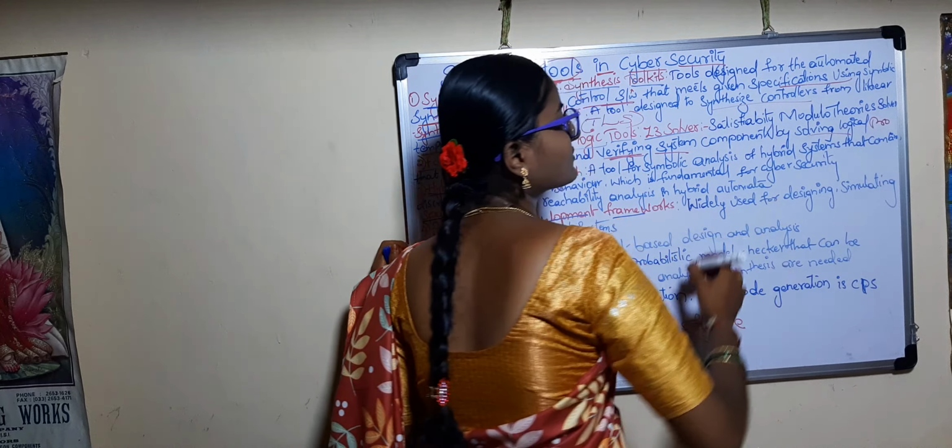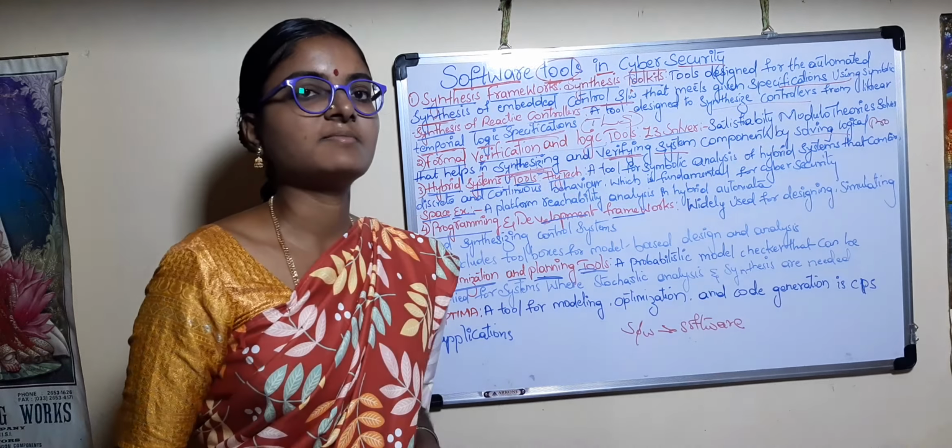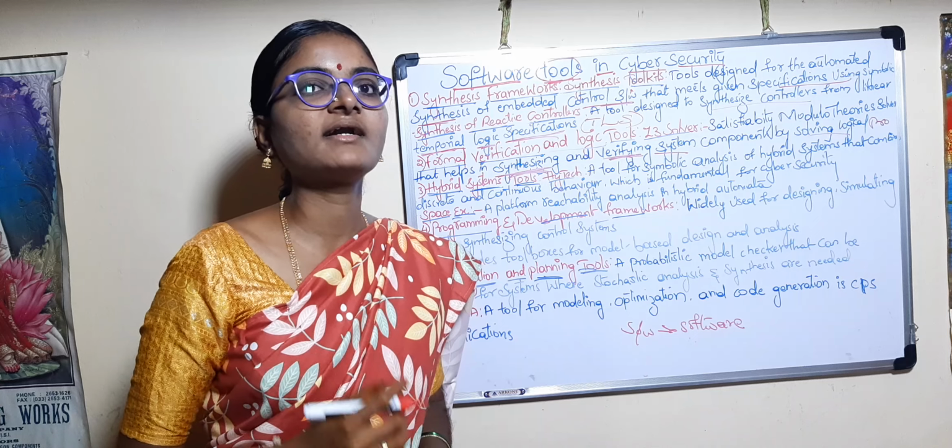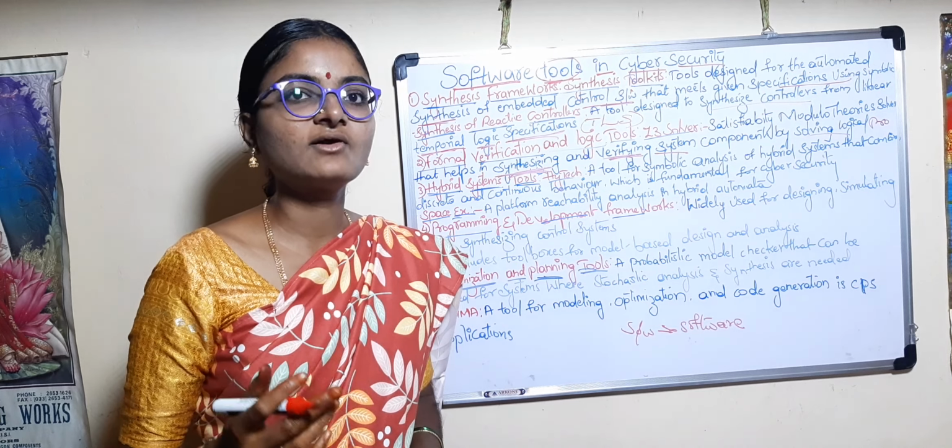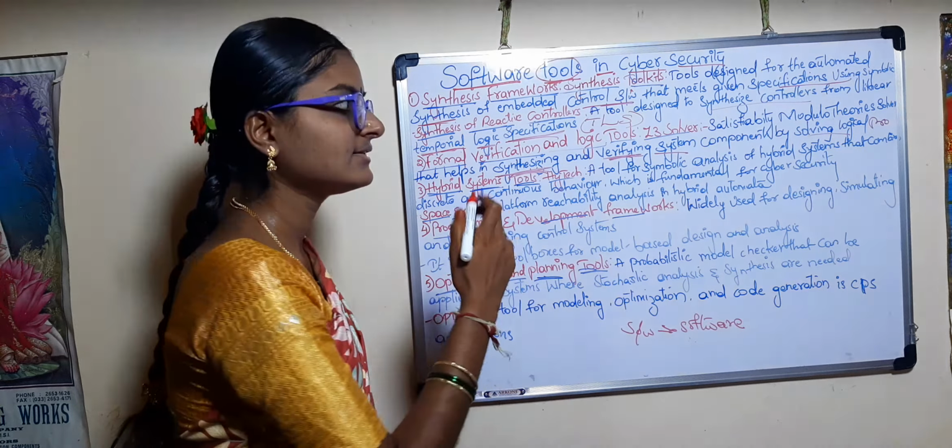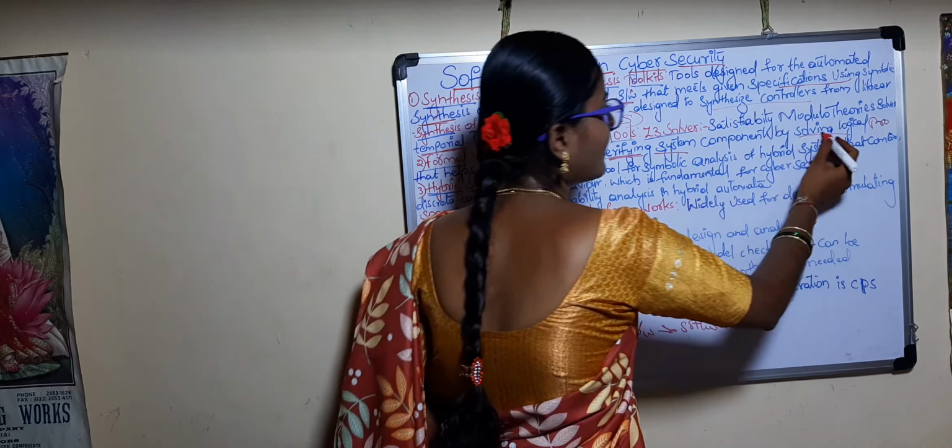For verification and synthesizing systems we use these verification tools. Logical problems are things like AND, OR, NOT. Those are the logical operations, and in this we solve the logical problems.